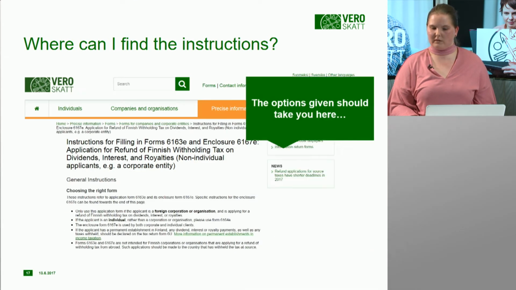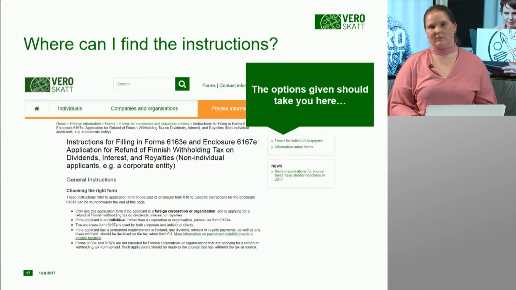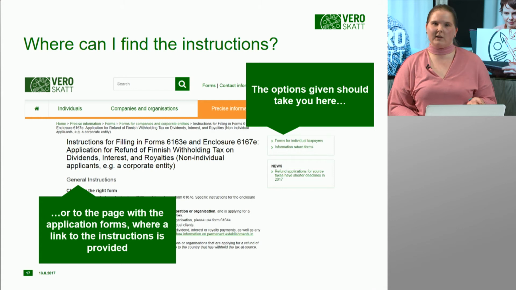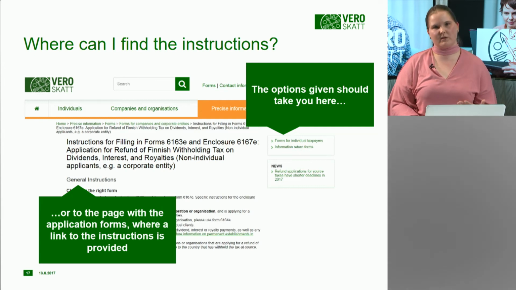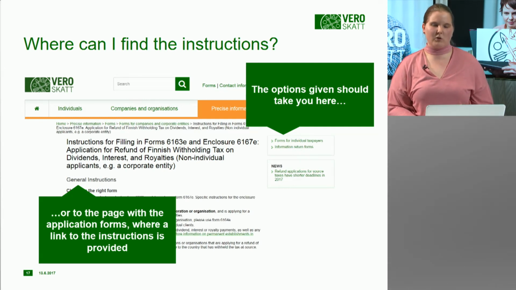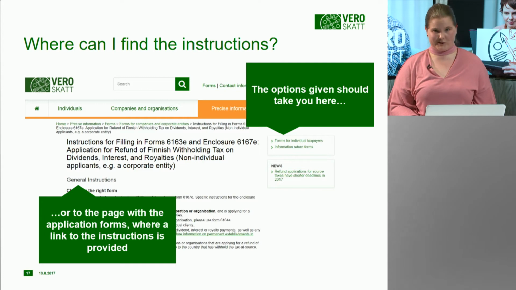Essentially, that will take you here. Hopefully, the options provided by the search field should give you the options of the instructions. Alternatively, the options might lead to the application form itself. So once you go to the page with the application forms, you will also find a link to the instructions.